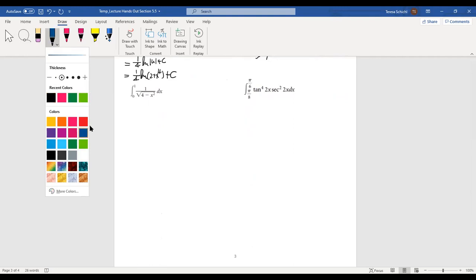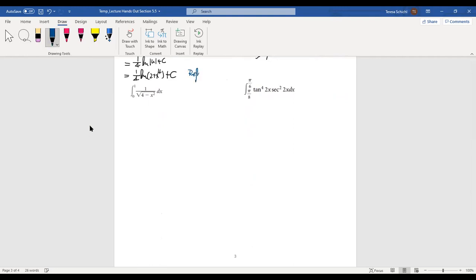If you refresh your memory back to your antiderivative, this one is very similar to the one where if I have 1 over the square root of 1 minus x squared dx, then what does our formula tell you? This is arc sine x plus c, right? This is what we learned in the previous unit.